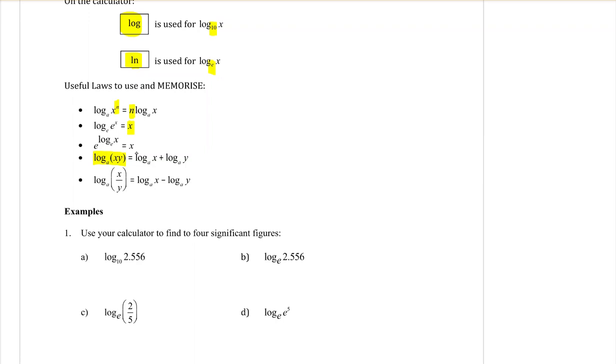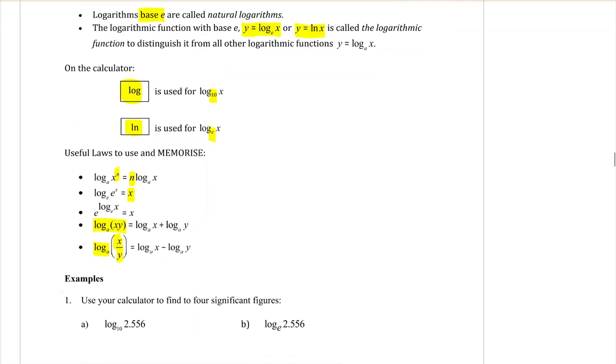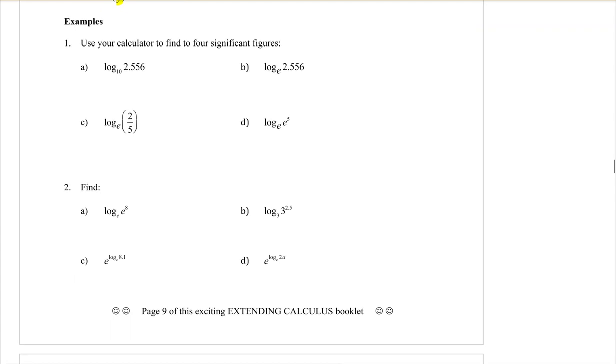You separate that into two logs that are added. And then the next one is for the divide. If you have log of x divided by y, you can separate that into two logs that are subtracted. So log base a of x, the top number, minus log base a of y, the bottom number. Okay, so all that stuff we've really talked about before, so it's a nice little revision.